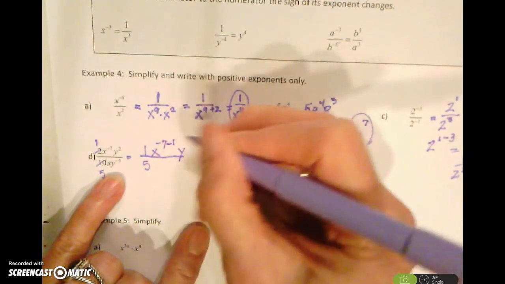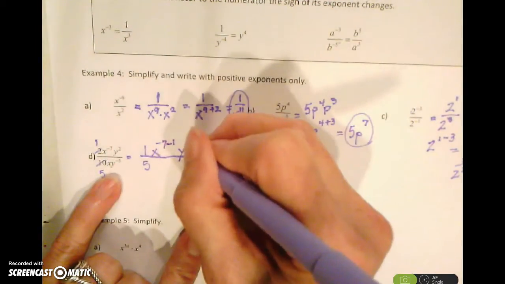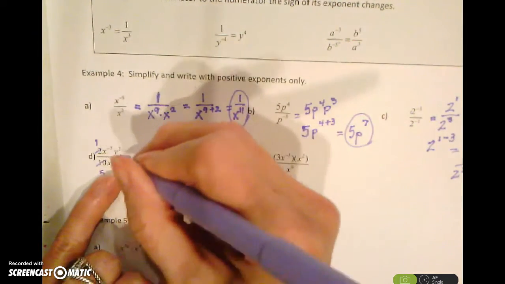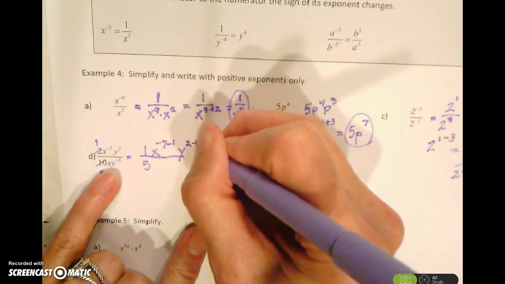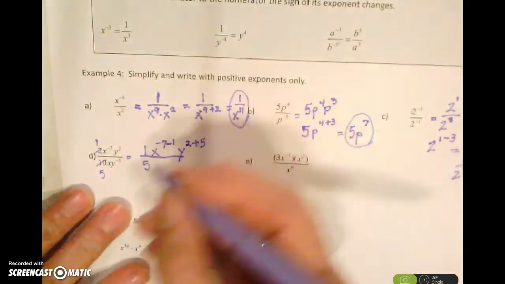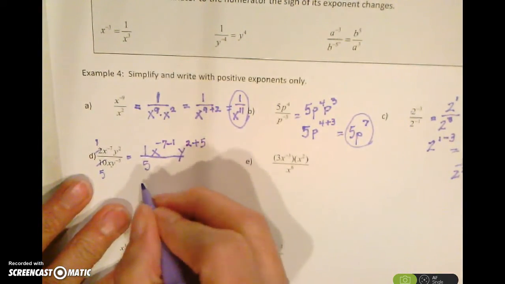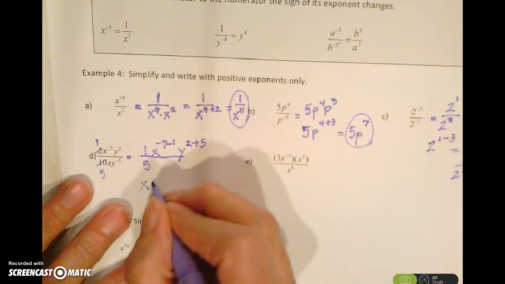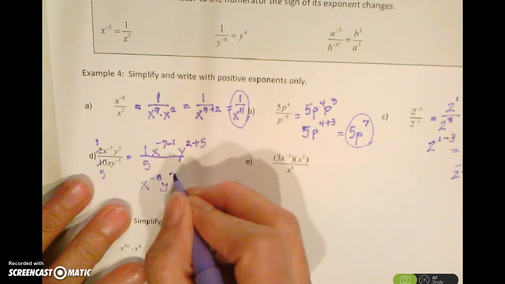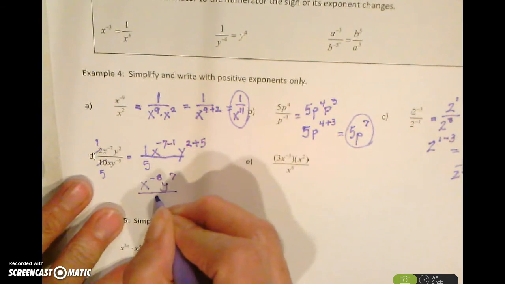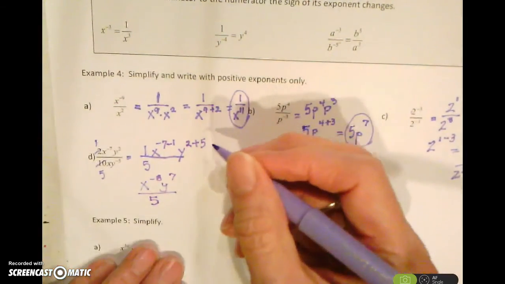And then y, I have my numerator 2, and subtract the denominator, which is negative 5. So minus and minus is going to be plus 5. So then I'm going to have x to the negative 8, y to the 7th over 5.